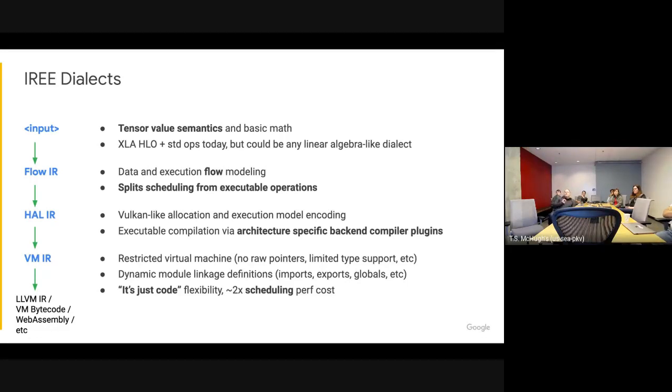And so what we're doing here is we're saying, as our input format to our compiler phases, we need well-defined tensor value semantics, and this lets us utilize the SSA form IR that we have in MLIR, and all of the normal folding and operations that are really easy to do with that.